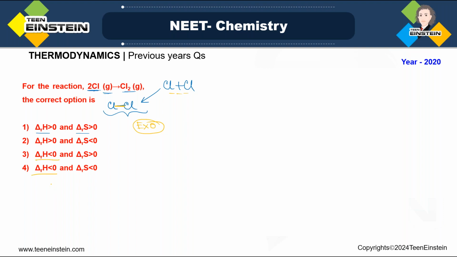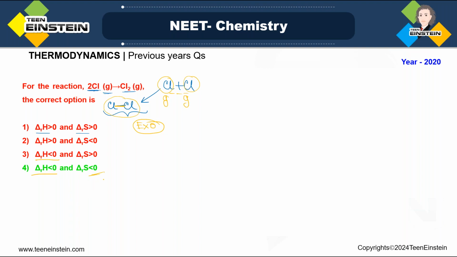Now what about the S value? In this case, from 2 chlorine atoms, both gaseous, we are getting a single molecule, right? Just before giving the explanation, I have already chosen the answer, but why is it less than 0?